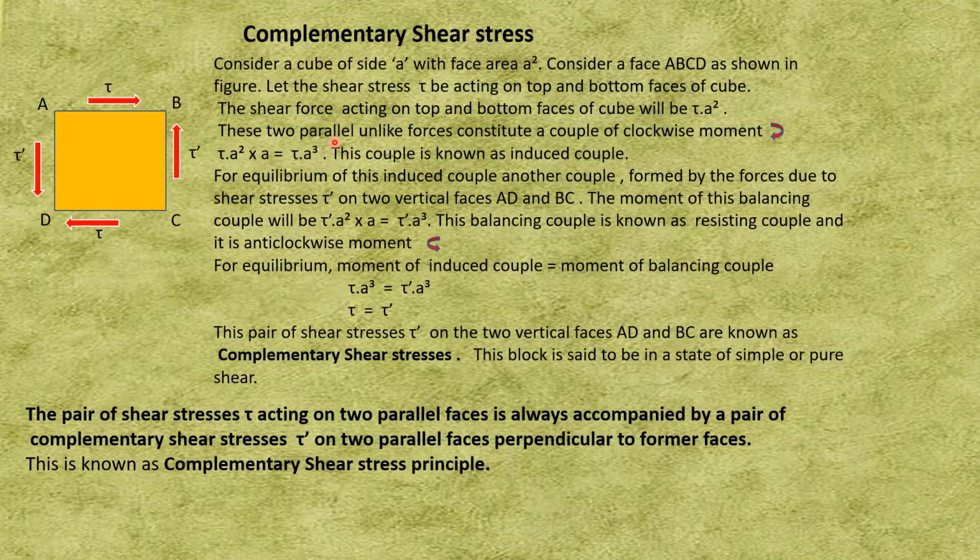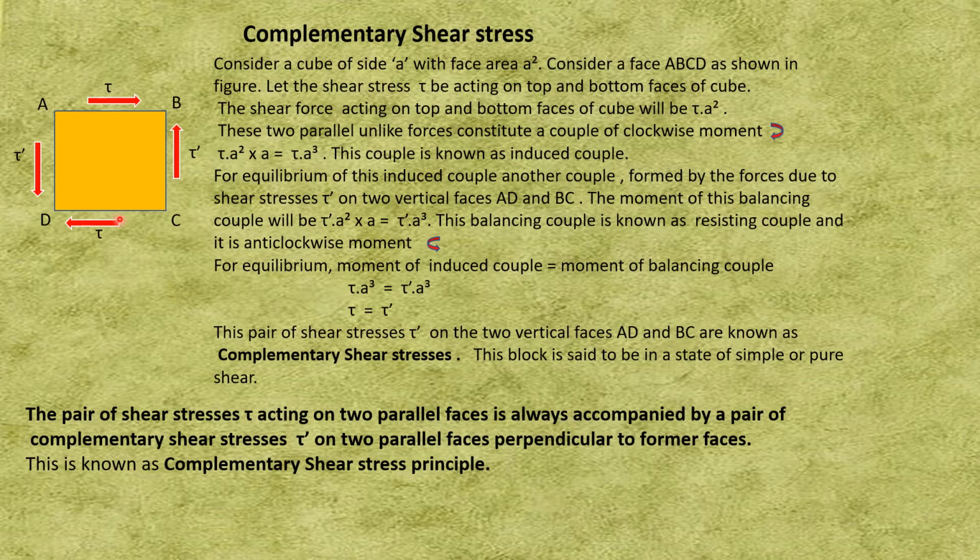Now these two parallel unlike forces constitute a couple of clockwise moment. Clockwise means turning in the direction in which the needle of a clock moves. Suppose this is 12, then 1, 2, 3 like this. So this direction is called clockwise. Now tau into a square will be the force here, and these two forces will form a clockwise couple.